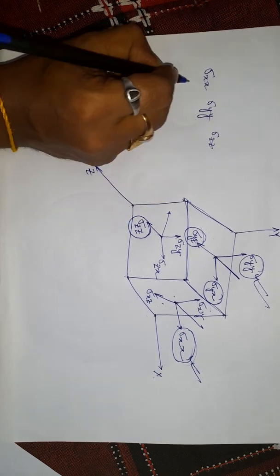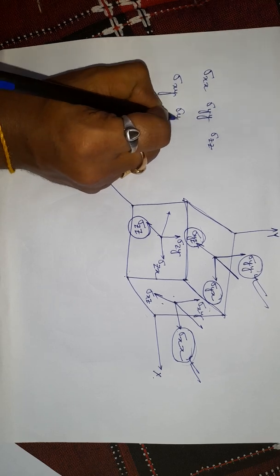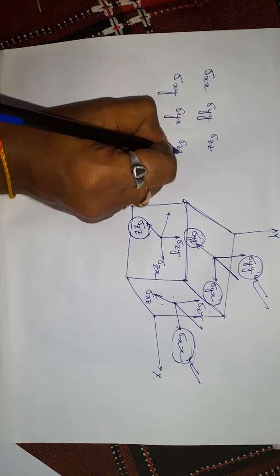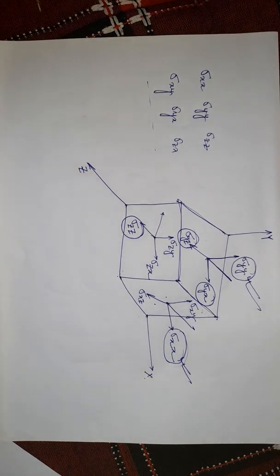These are the components, and the others like sigma xy, sigma yx, sigma zx, all these are your shear stresses. So this is all about stress, stress vector, and stress tensor.